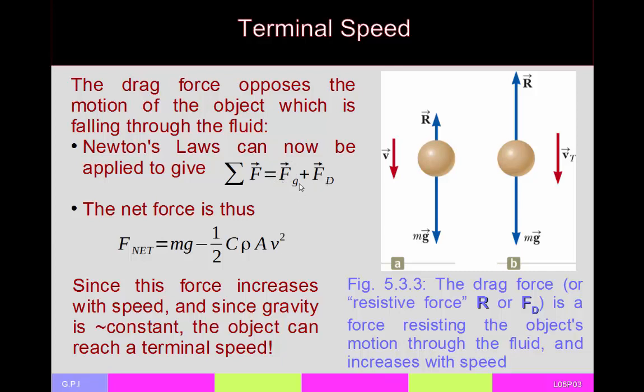In any case, if you ignore the buoyant force, you get that the weight of the object plus the drag is all the forces acting on this object. And so as the object is falling, this drag force, which is a resistive force, is actually increasing. And at some point you get to where these forces are balanced, and at that point there's no net force on the object.